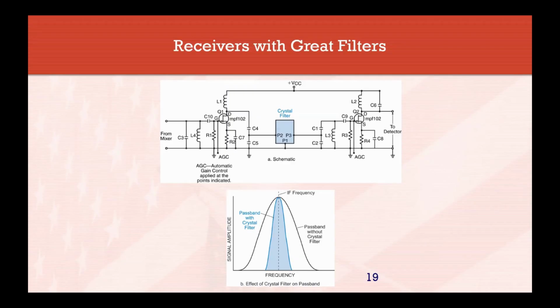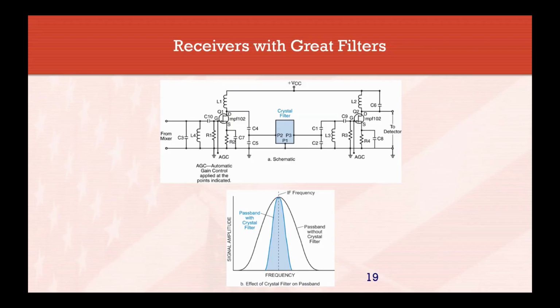But if we run that same signal through that crystal filter, then we get the pass band with the filter, that is to say, the skirts of that signal, or the sides of that signal, sometimes called the walls of that signal, are much, much steeper, which means that the cutoff of that filter is much sharper, and we will only get the very specific center of that frequency that we're looking for.